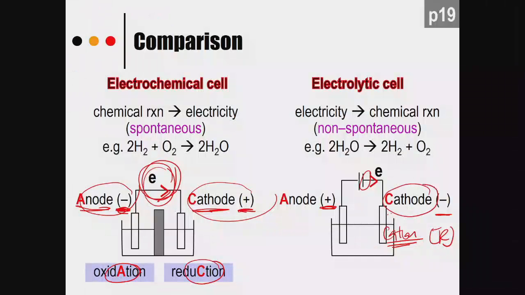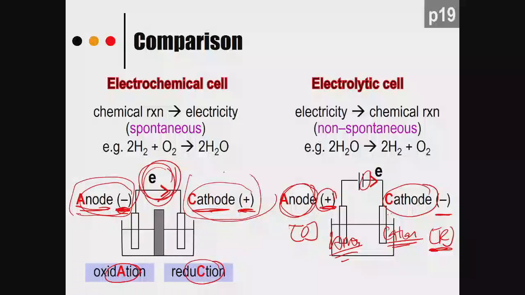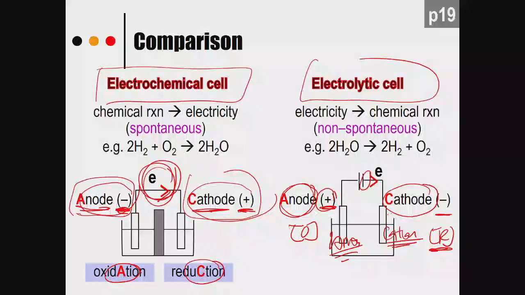Therefore this becomes the cathode, because reduction takes place here. Then your anion, negatively charged, is attracted to the positive electrode, and anion undergoes oxidation. So oxidation, this part here becomes the anode. You need to remember, you cannot assign polarity based on cathode and anode, because it's different for electrochemical cell and electrolytic cell. So you need to take note whether you are assigning for electrochemical cell or electrolytic cell. There is a difference here.